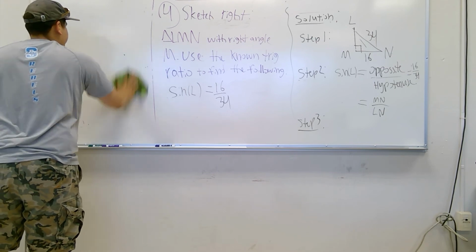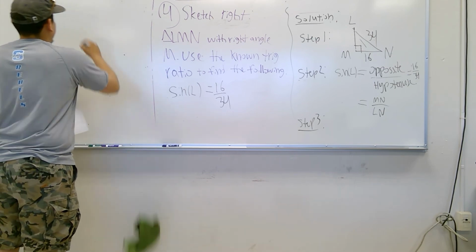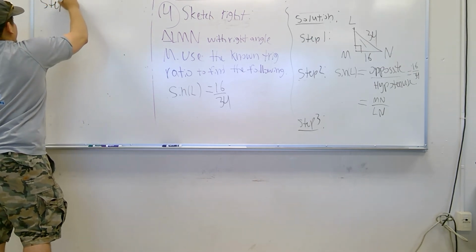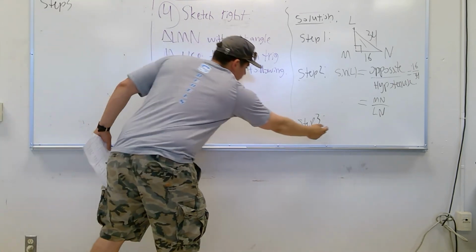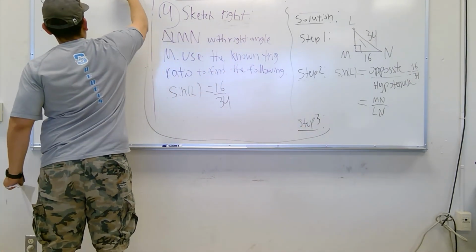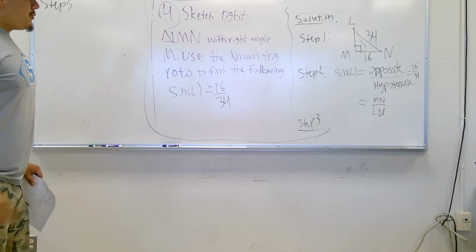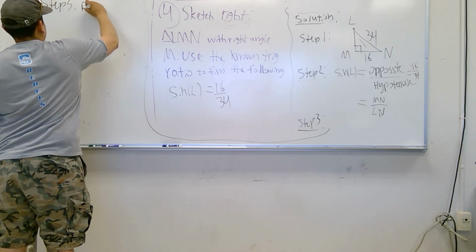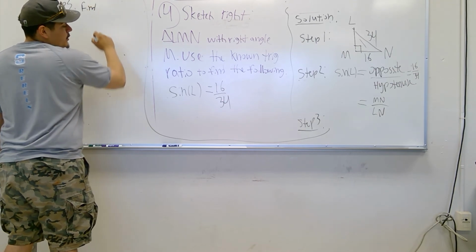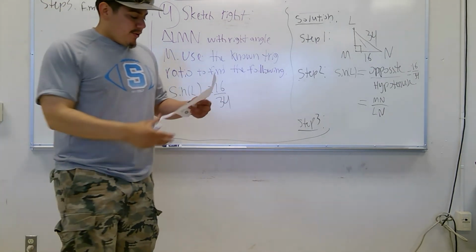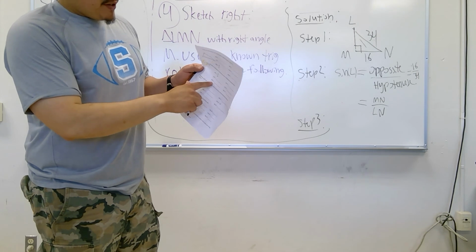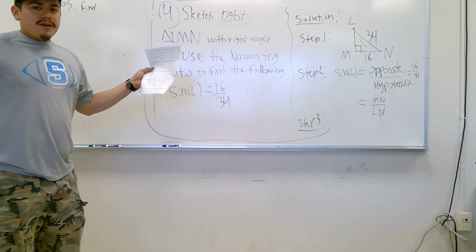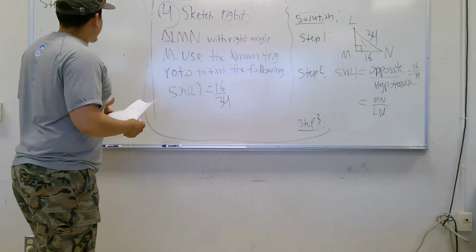So step 3 is going to be over here. We're going to find that missing side. We need to do all this before we can solve for these other sides, cosine, tangent. So all this work is necessary. I know it's a lot of work.